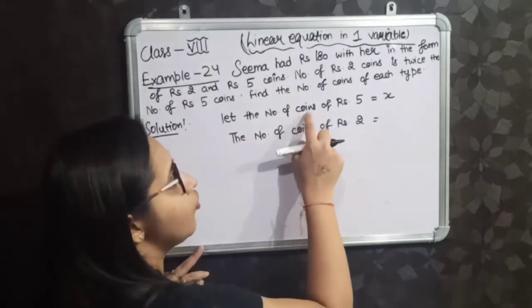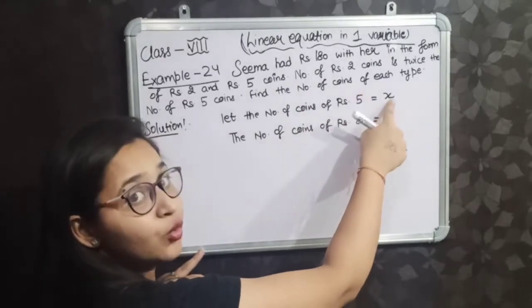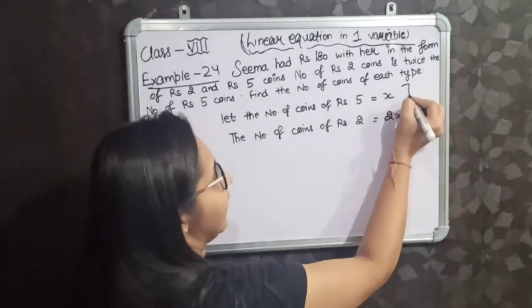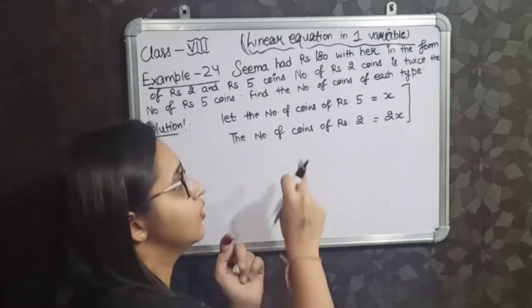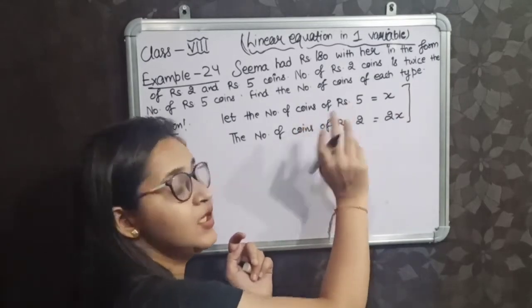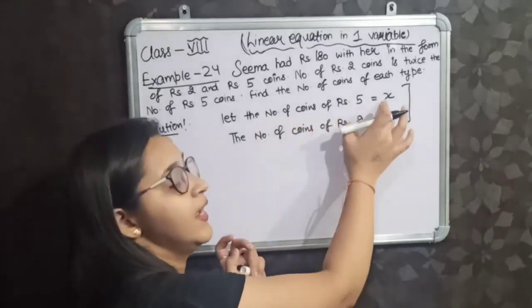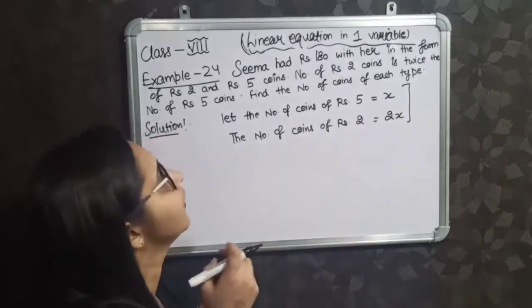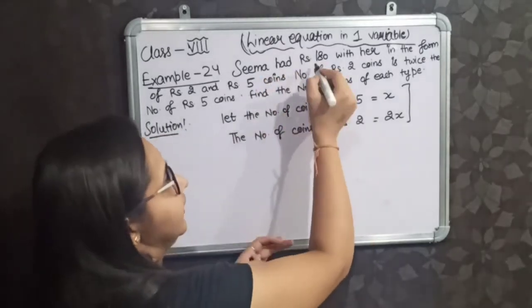And the number of coins of rupees 5 is X. Twice of X means 2 times X. It means 2X. So, we have 2 types of coins. First coin is rupees 2 and second is rupees 5. Rupees 5, how many coins are there? X. And rupees 2, how many coins are there? 2X.